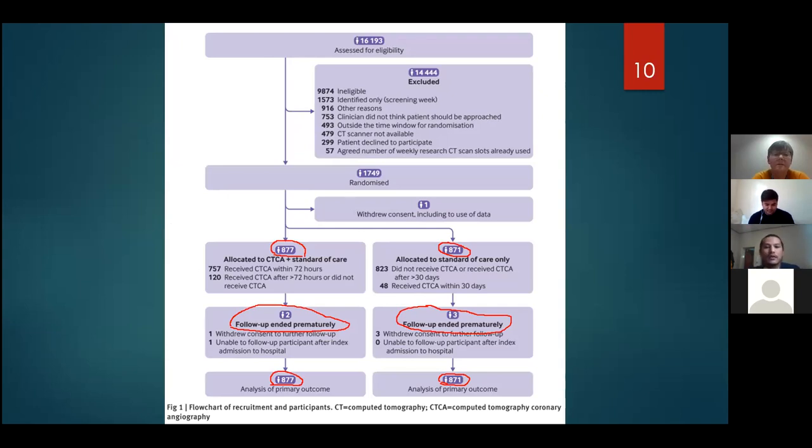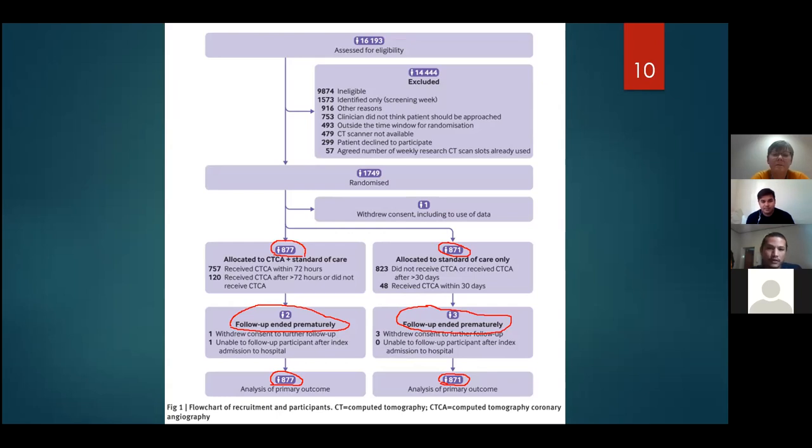As you can see in this flow chart, a total of 16,193 were assessed for eligibility. Of those, 4,444 were excluded because they were ineligible, and a total of 1,749 participants were randomized.